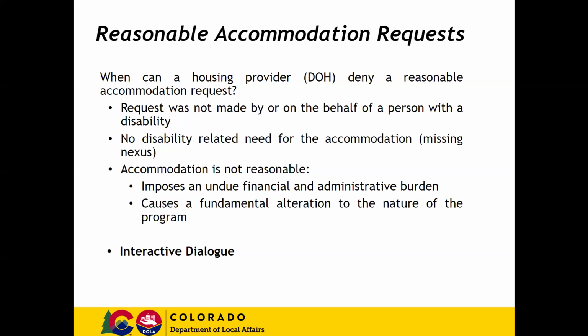It's important that we have this interactive dialogue. And again, the example I provided earlier, we might not be able to approve the second bedroom because the request you made doesn't connect to the need for a second bedroom. However, we can maybe increase your one bedroom payment standard to allow you to find a unit that's a little bit larger.